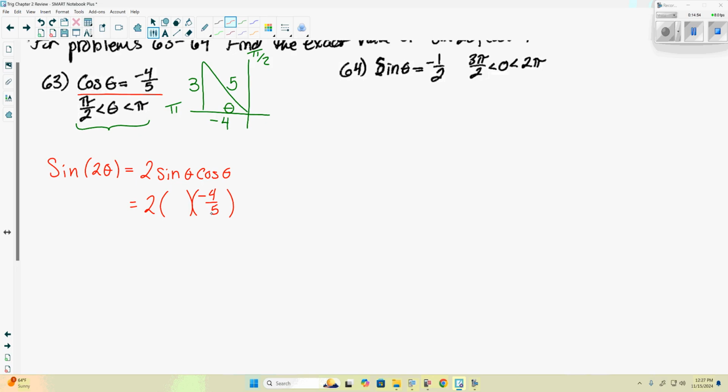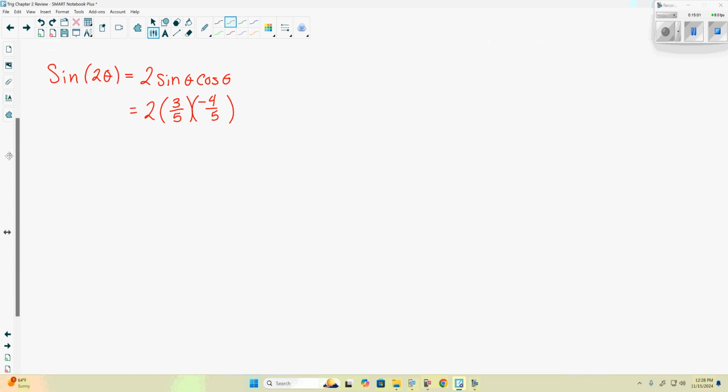But we can get it from the triangle, because it'd be opposite over the hypotenuse, which is 3/5. And now we just need to multiply these together, because 3/5 times negative 4/5 is negative 12/25, times 2 is negative 24/25. And that's our sine of 2 theta.